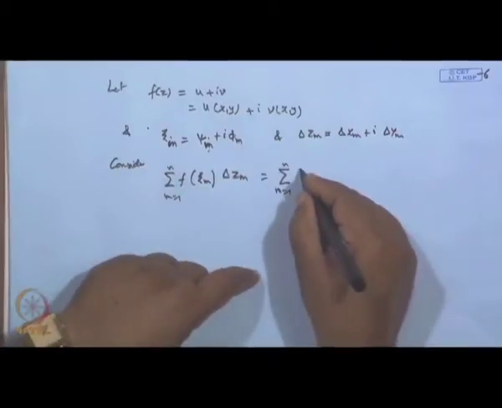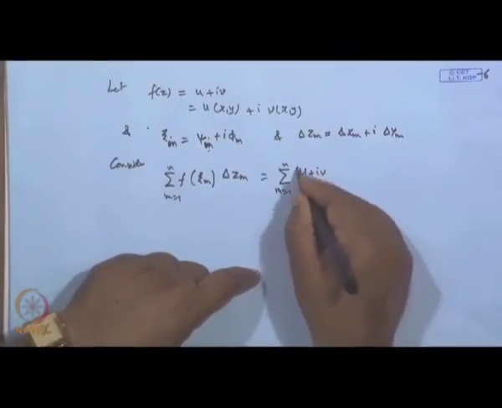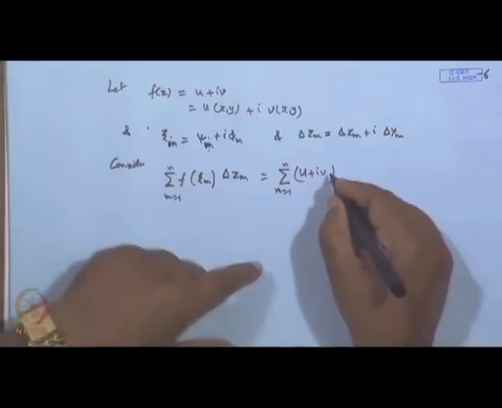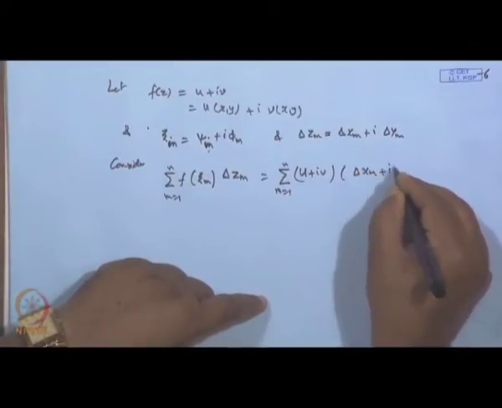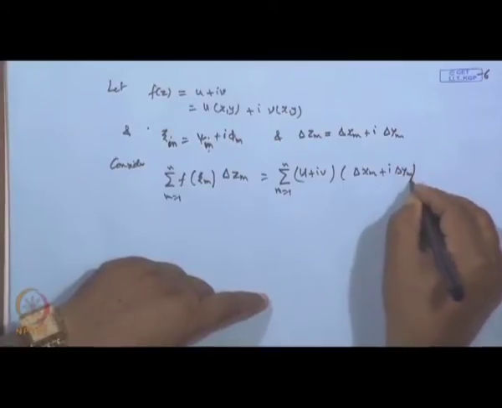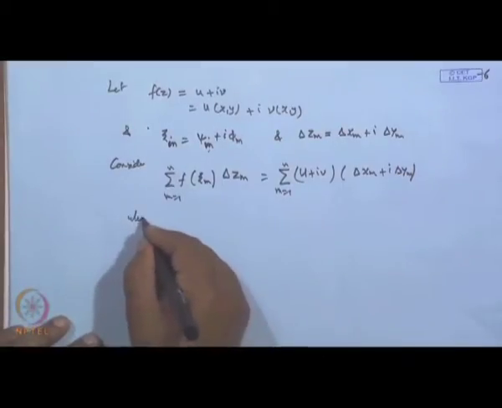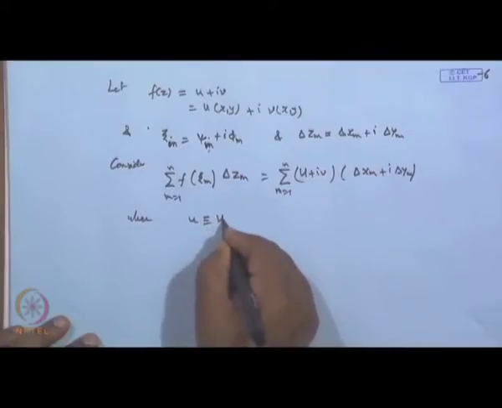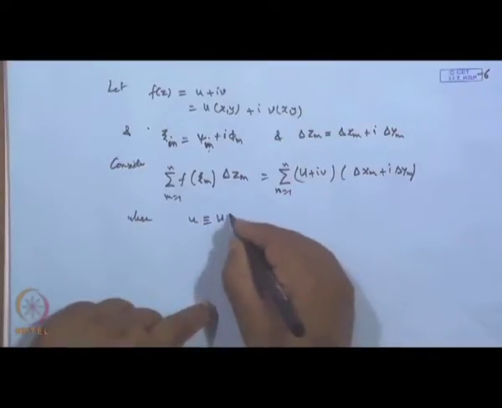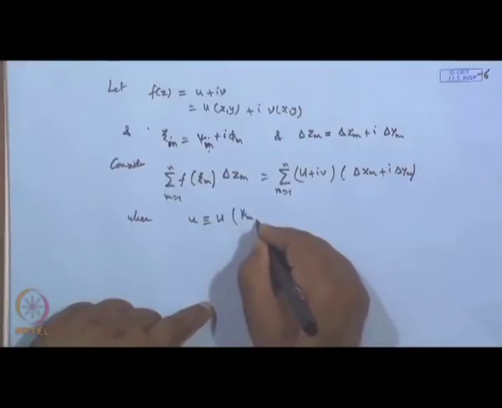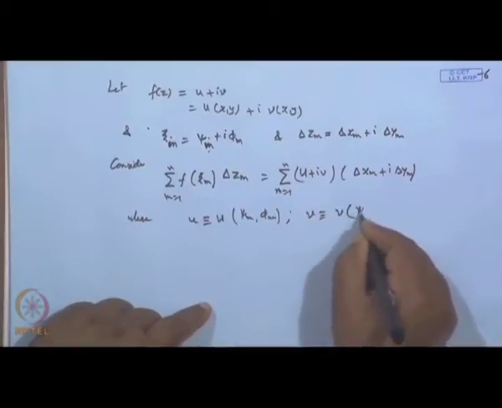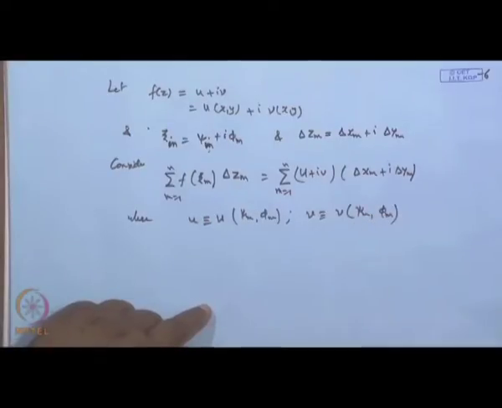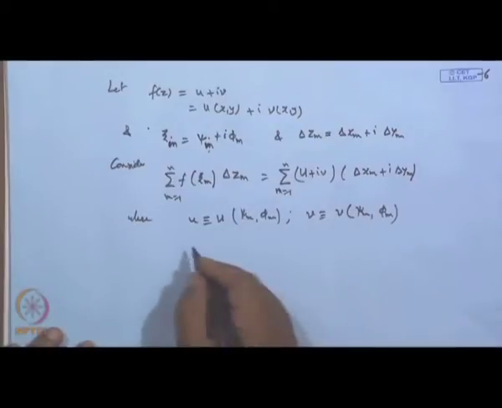So, this will be equal to u plus i v times delta x_m plus i times delta y_m, where u depends on xi_m, eta_m, and v also depends on xi_m, eta_m. Just substitute the values.